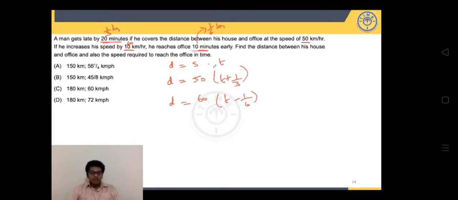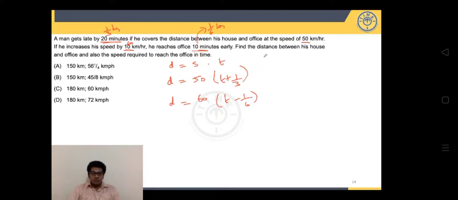So now we have the equations. d equals st. If I just substitute d equals s and t, we will be able to get the value of t by equating both equations. So 50 into t plus 1 by 3 will be equal to 60 into t minus 1 by 6.